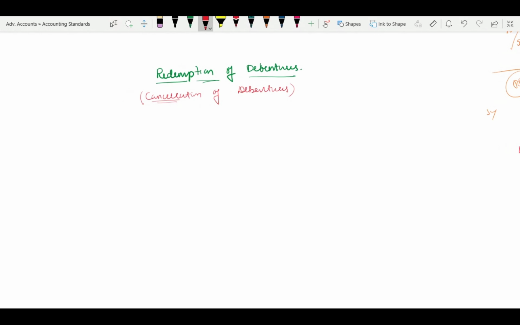Now, what are the alternative methods for redemption of debentures?